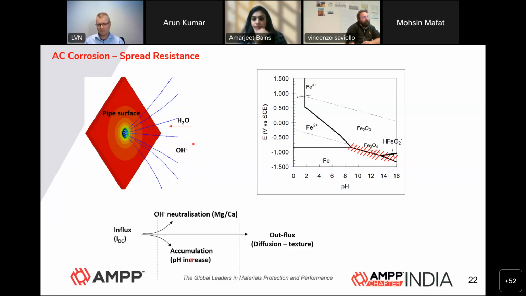Yeah, or mitigation means just reducing the pipe polarization? I think for safety reasons, you need to look at a potential that should not go beyond 15 volts of AC.